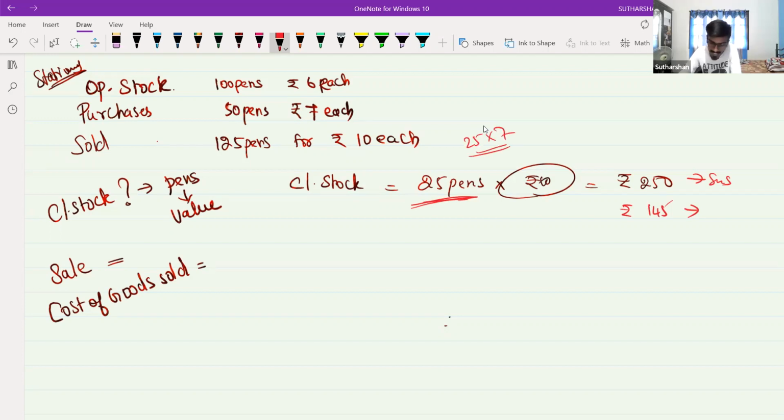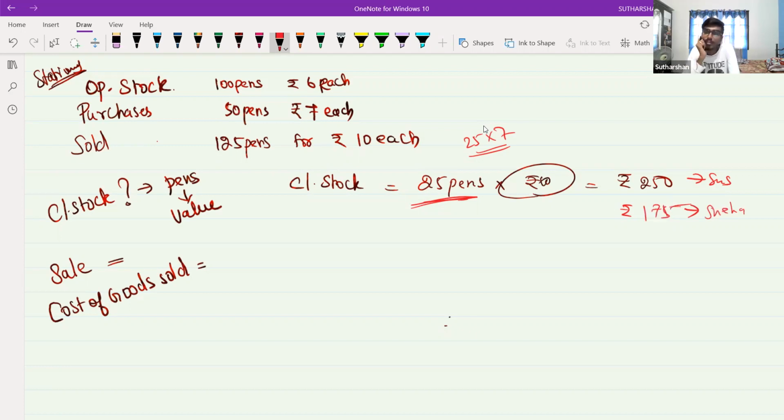Can you multiply with 7 again? 175. Why are you saying 175? That is Sneha's answer.